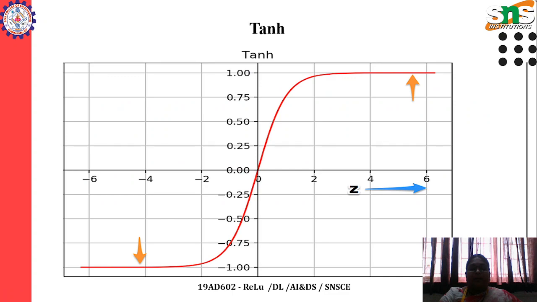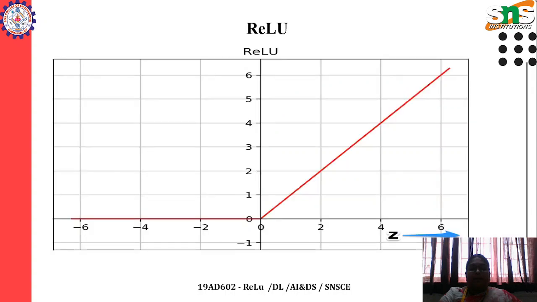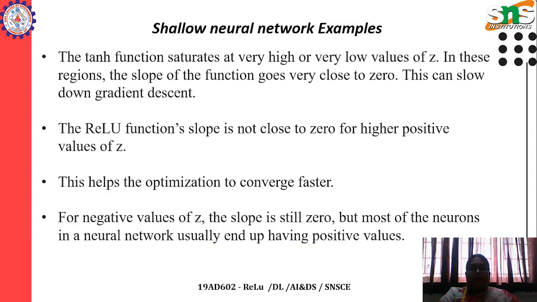If you use the tanh function, which goes both positive and negative, or if we use ReLU, which has a linear straight line. Some examples of the tanh function saturate at very high or very low values of z.